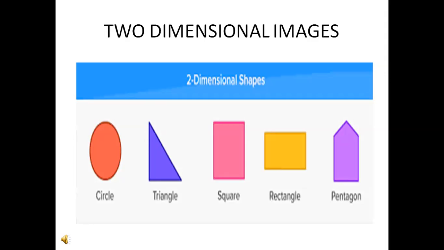From the submenu, select the trace bitmap option and do corrections in the small scan which appears. Now upload this edited image and click on OK. The two-dimensional shapes are circle, triangle, square, rectangle, and pentagon. These are the two-dimensional shapes.